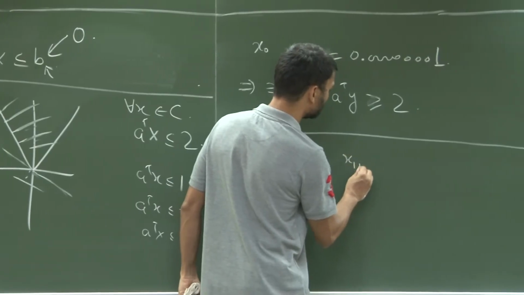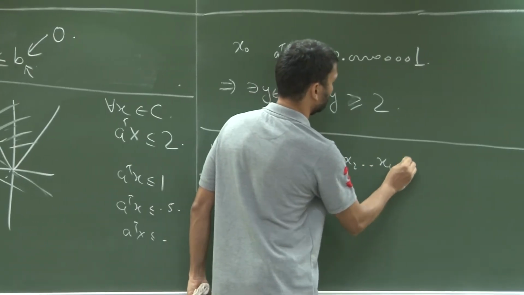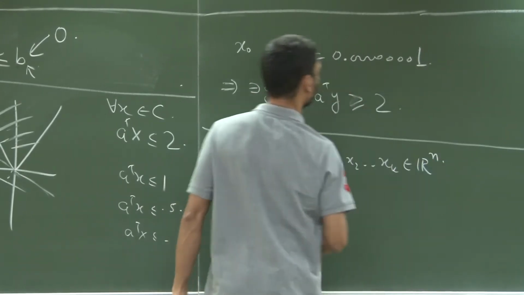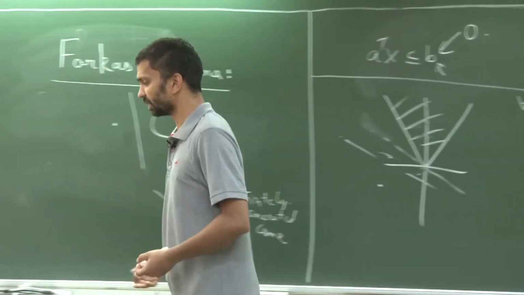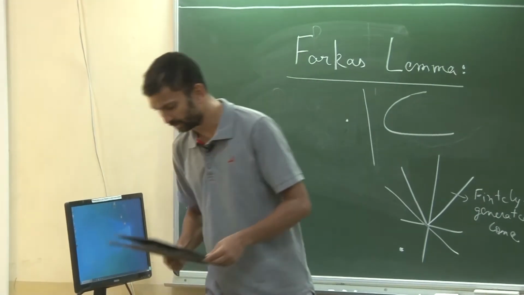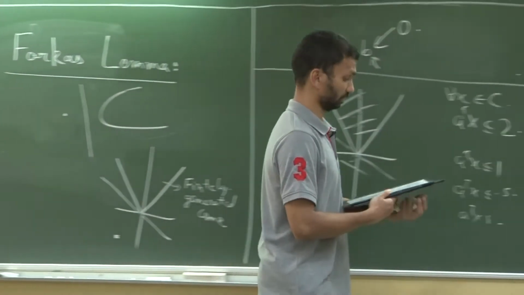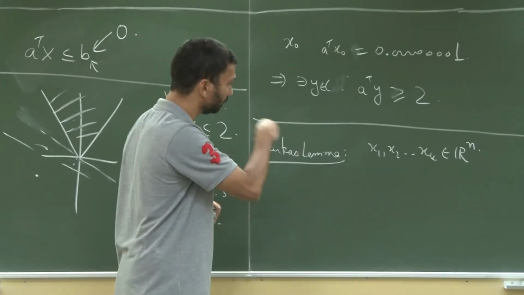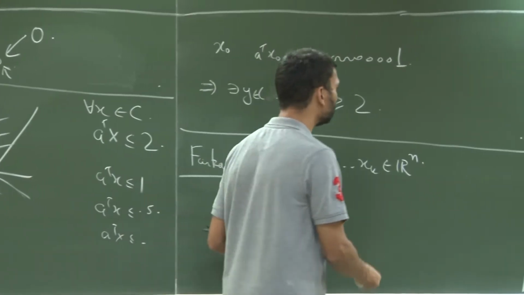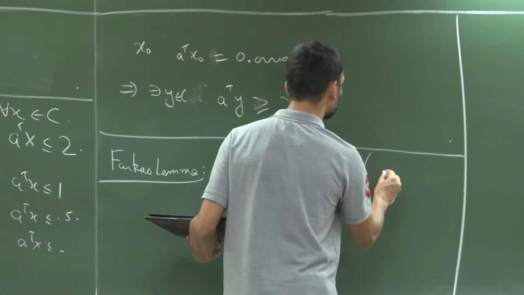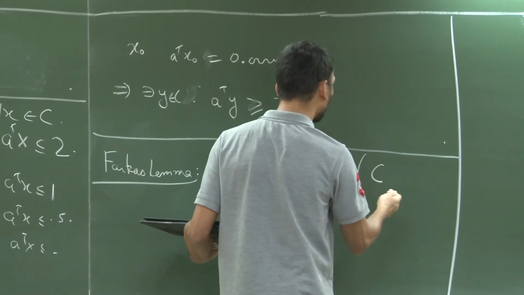Suppose we are given points x1, x2 up to xk. These are some columns, for which we are going to make linear combinations, and you can think of this as a matrix C or a cone.